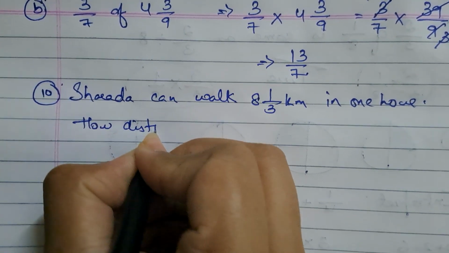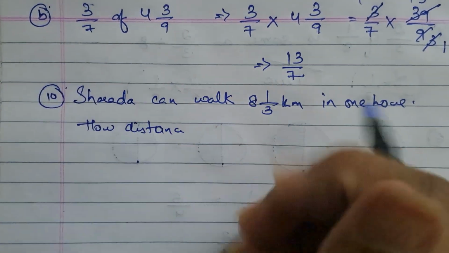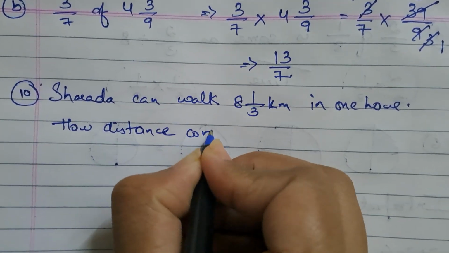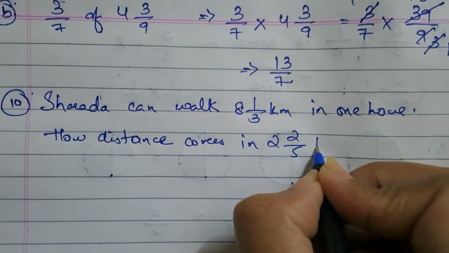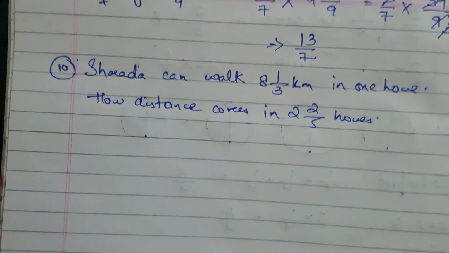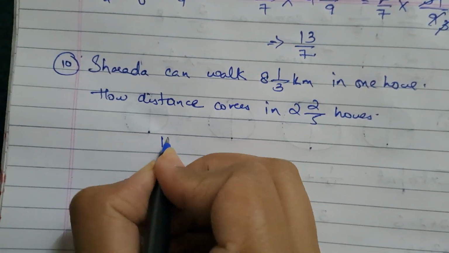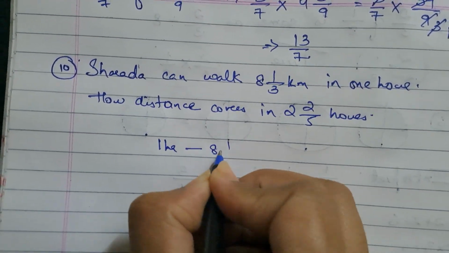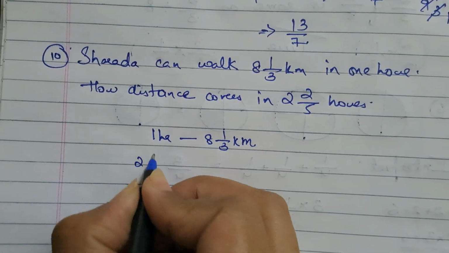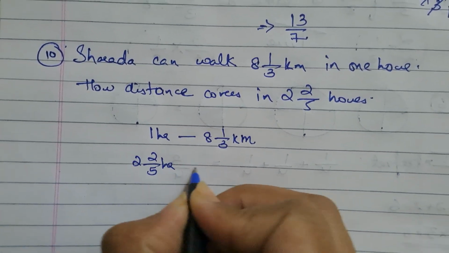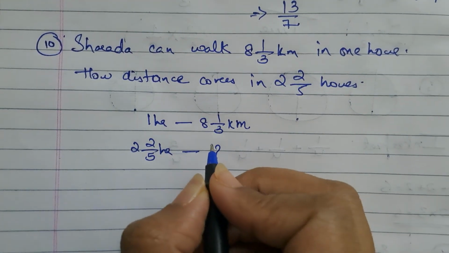How much distance she covers in 2 upon 5 hours is what they are asking. So I know that in 1 hour she is going 1 by 3 kilometers. So for 2 by 5 hours, how much distance she will go?